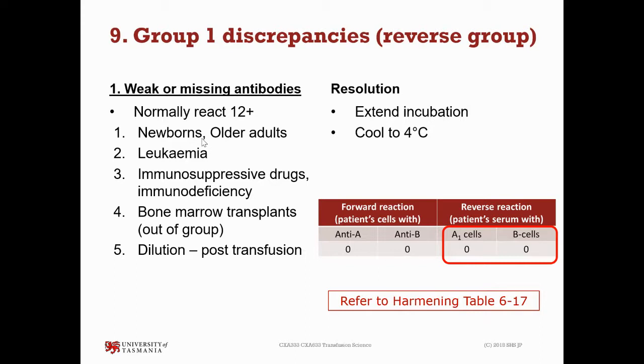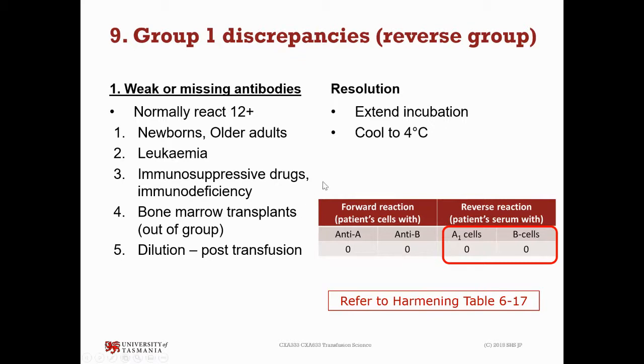So in newborns, the immune system is still too new, particularly the adaptive immune system. The innate immune system works, but the adaptive immune system doesn't. It takes a little while to gear up. And so we don't have any antibodies present or very, very low concentrations of antibodies present in the newborn plasma, and they are usually from the mother, particularly if the newborn is being breastfed.